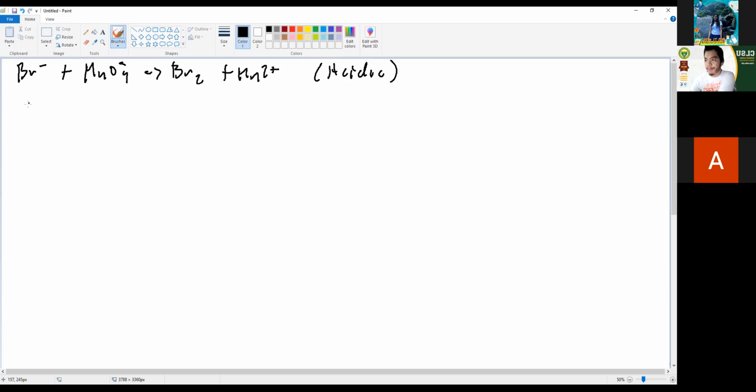So from the first step, paghiwalayin muna natin ulit. So Br negative will yield Br2. And then MnO4 negative will yield Mn2 plus. Ayan, nasa sa inyo kung sino yung unahin nyo, pero ako gusto ko unahin si Br. Ayan. So, Br muna. Hindi balance yung Br. So, 2 Br negative will yield Br2.